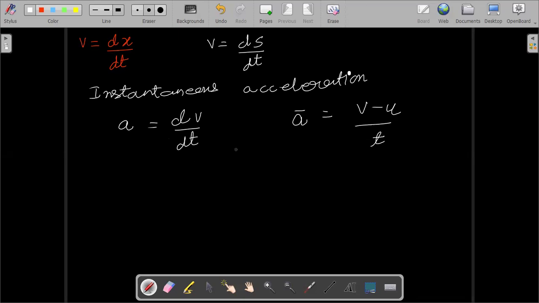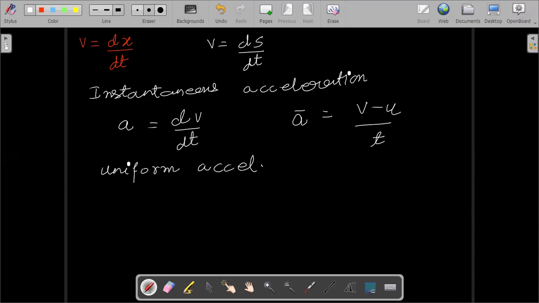For most of your studies, we will be including only uniform acceleration. For uniform acceleration, instantaneous acceleration and average acceleration will be the same.